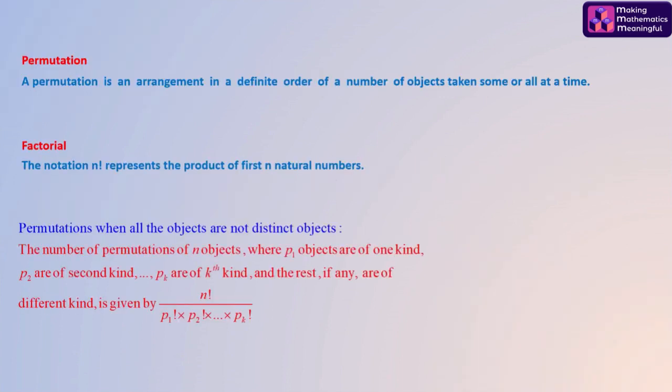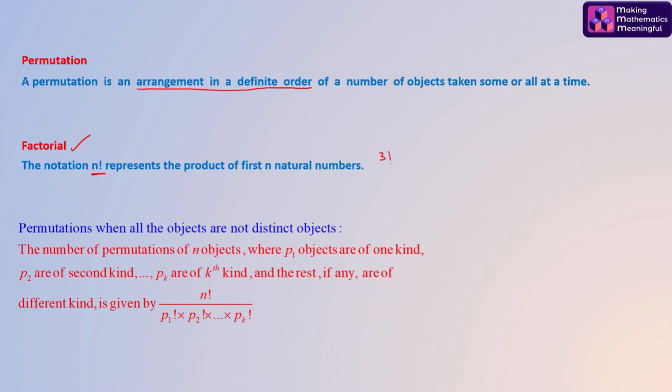So before we come to the solution, let's quickly check what we mean by permutation. Permutation is basically an arrangement in a definite order of a number of objects taken some or all at a time. We also need the meaning of factorial. n factorial, as a notation, represents the product of the first n natural numbers.